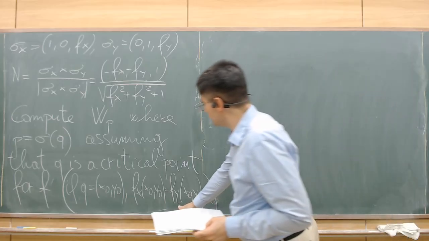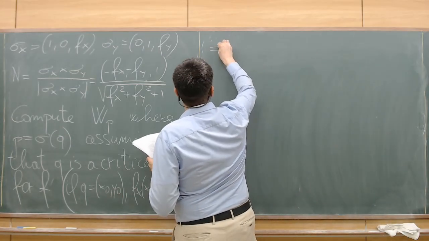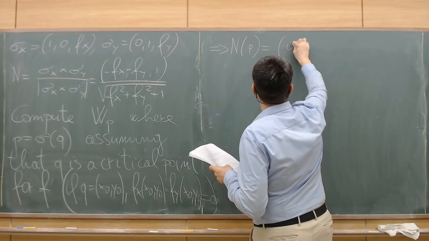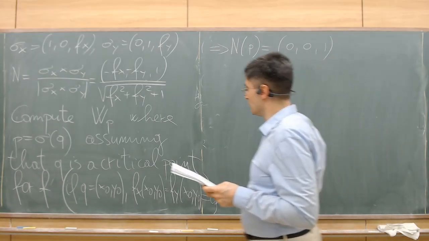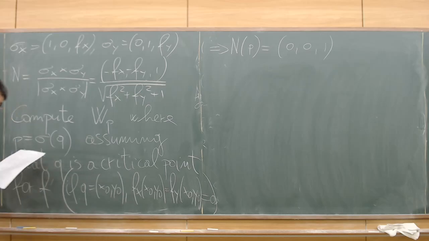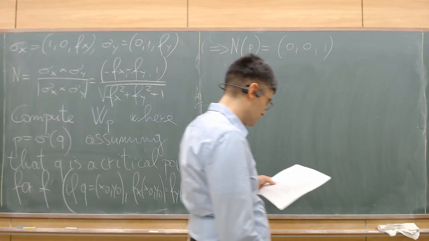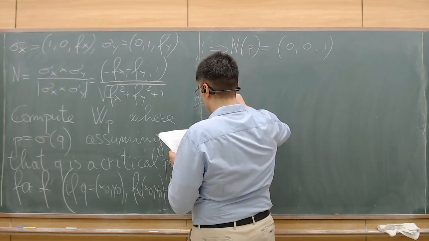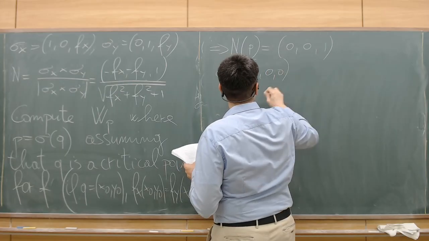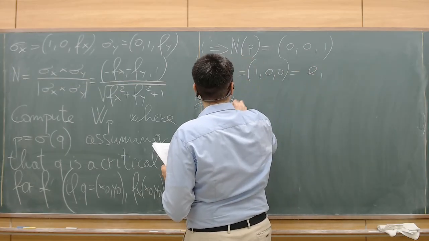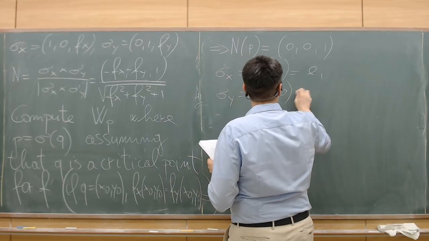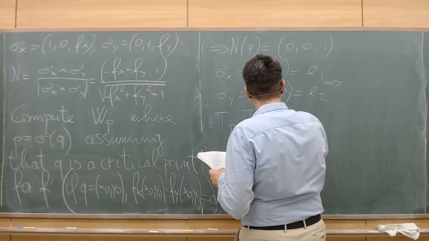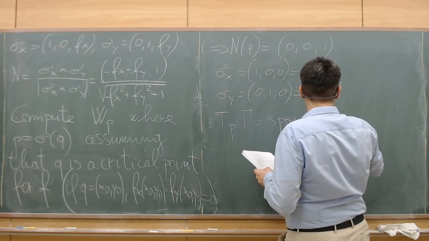If this is true, we have that n at P is just 0, 0, 1 because fx and fy are 0, and sigma x is 1, 0, 0 equal E1, sigma y is 0, 1, 0 equal E2, and this says that Tp gamma is the span of E1, E2.